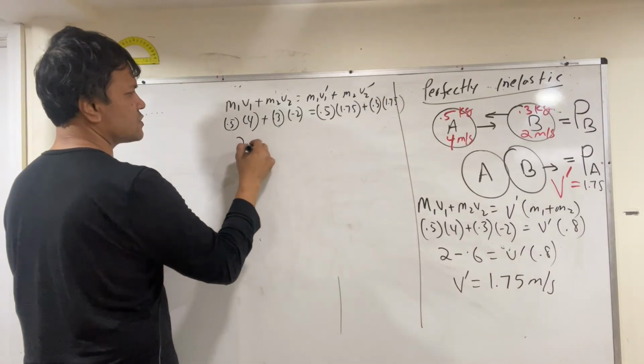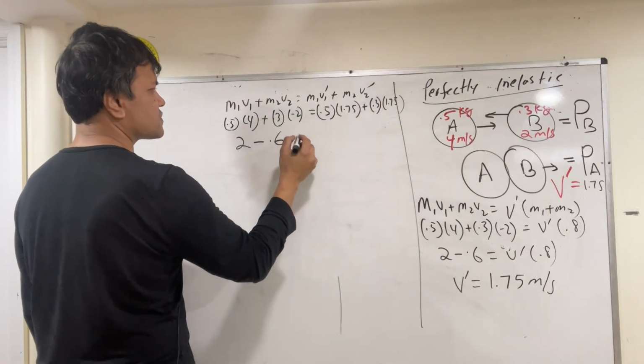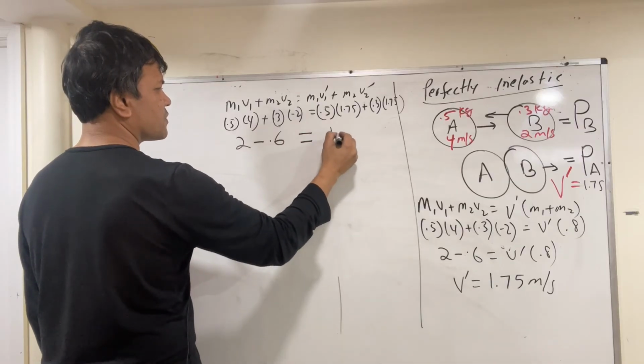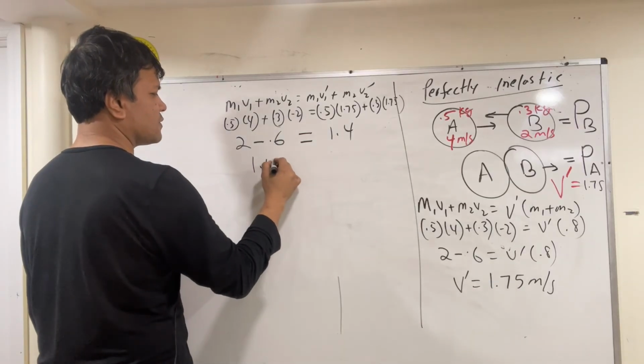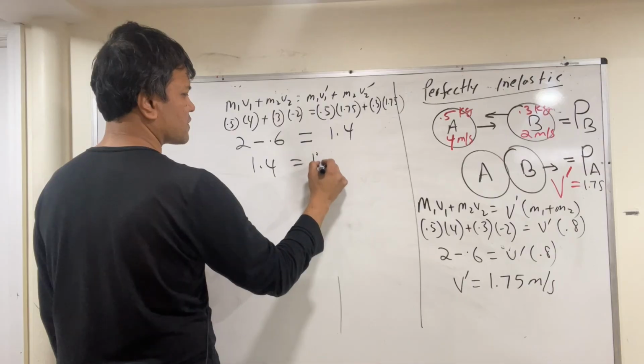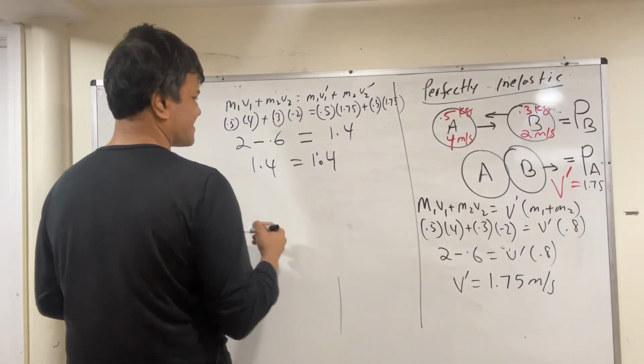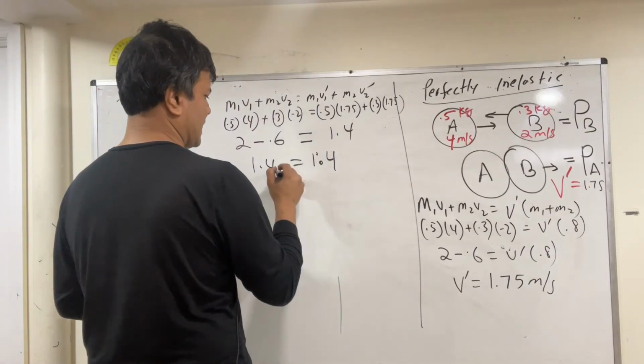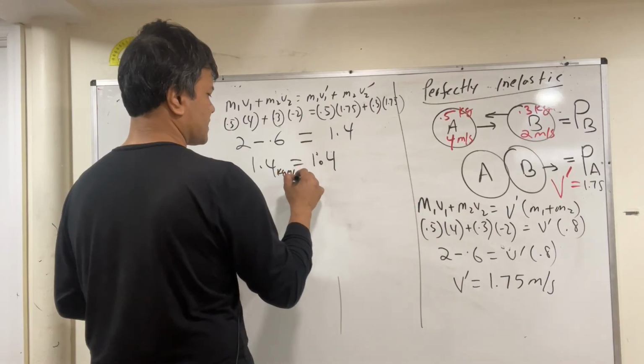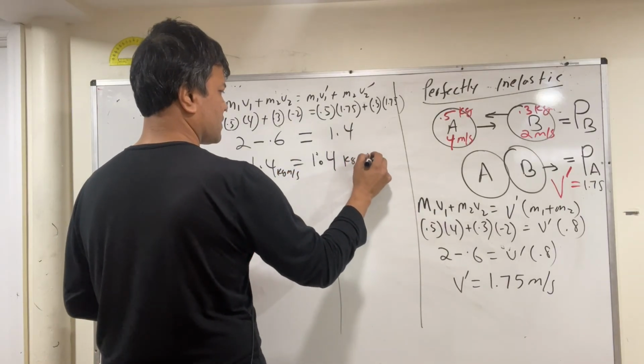So this is 2 minus 0.6 is equal to 1.4. So 1.4 is equal to 1.4, in kilogram meters per second.